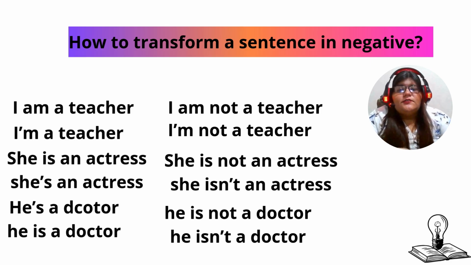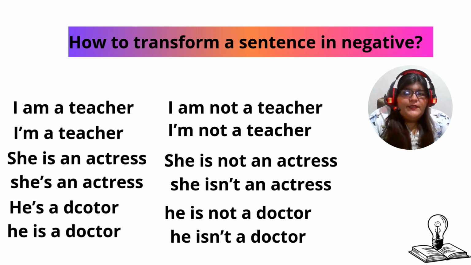Or for example, when we are talking about the third person, like she or he, we can say she is an actress. We are saying something affirmative, but if you want to transform that sentence in negative, we will just add not. She is not an actress. That means that we are denying that she's an actress. She's an actress, and we have also isn't.